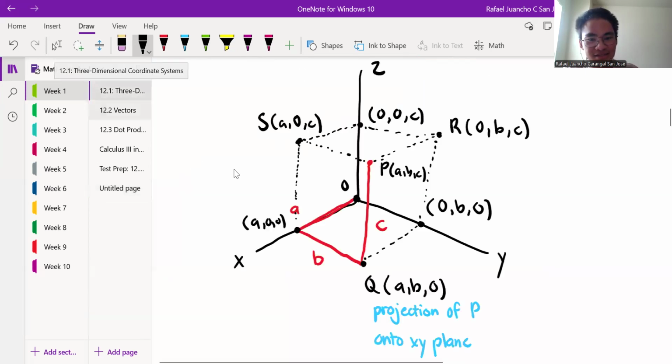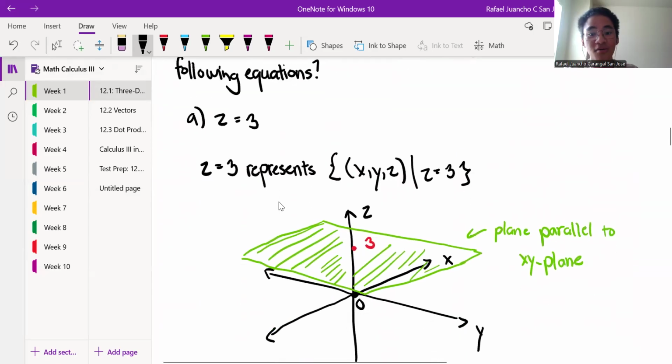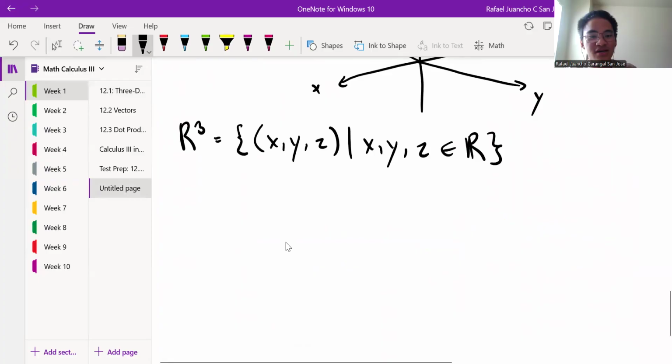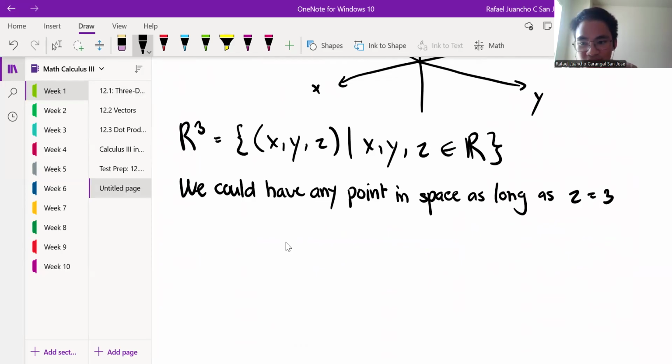This means that we want all the possible points, but Z should be 3. So we could have any point, and I mean any point in space, as long as Z equals 3. That's non-negotiable. Z is 3.